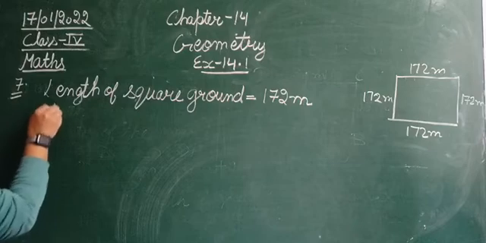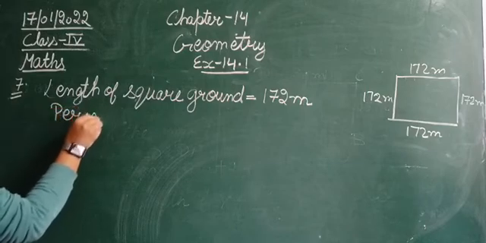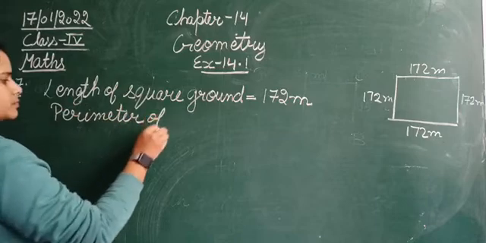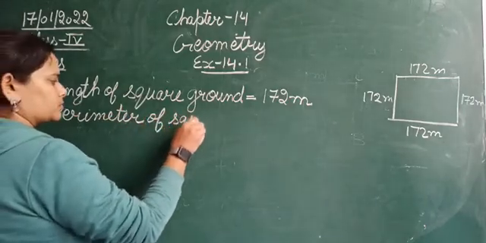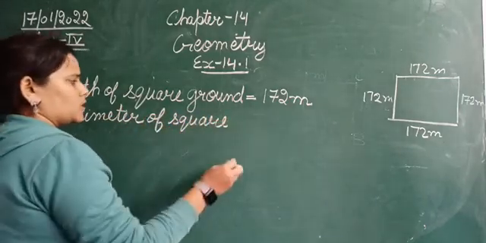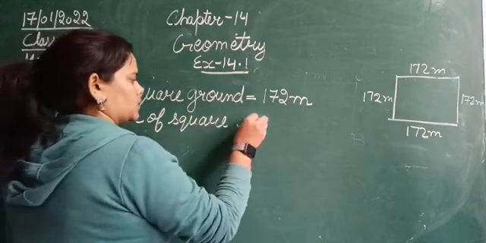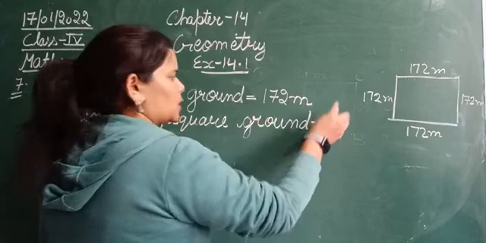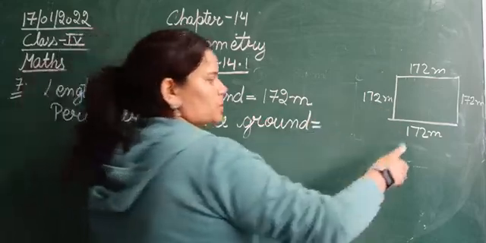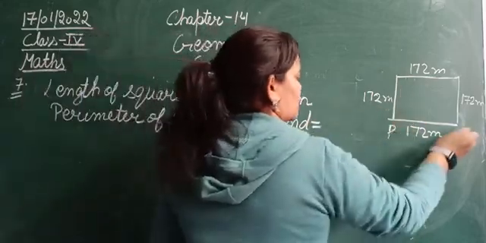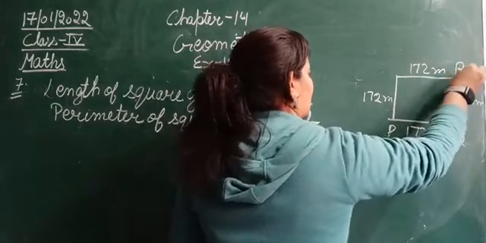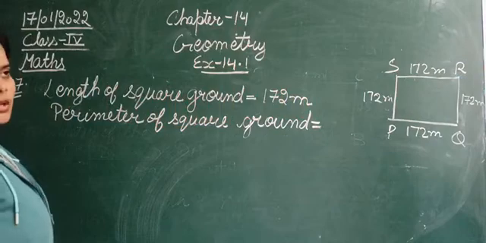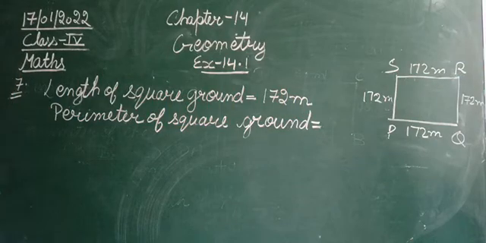Okay, perimeter of square ground. So this is the square ground. First of all, just give a name, that is P, Q, R, S. Okay, so this is the name that I have given to this square ground.